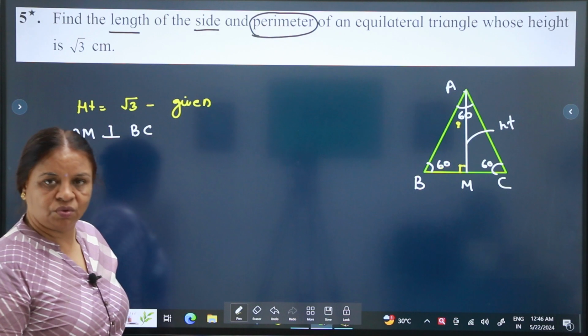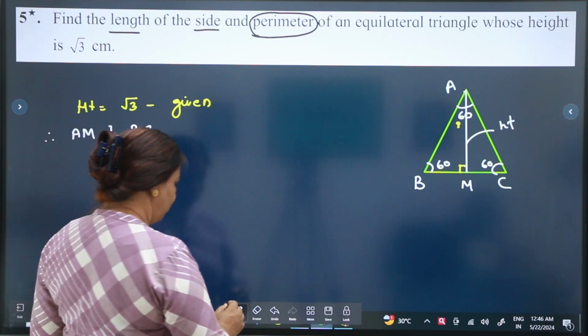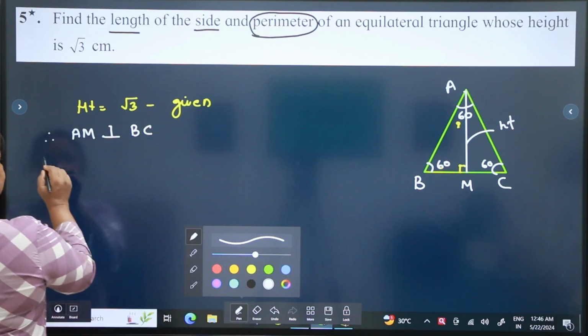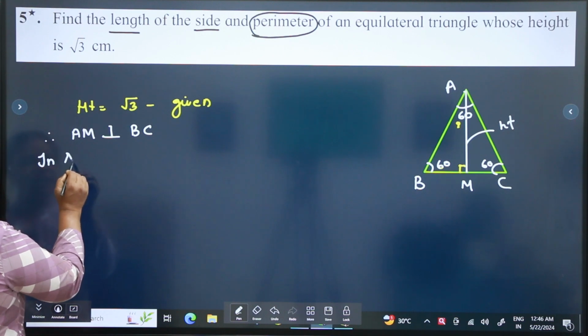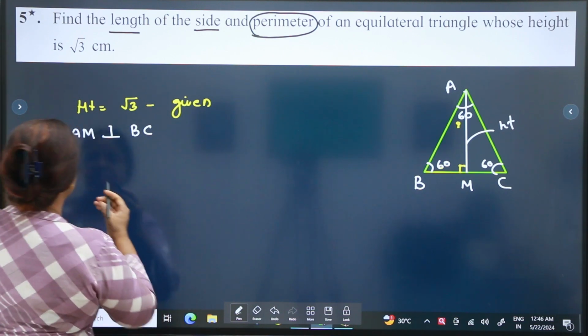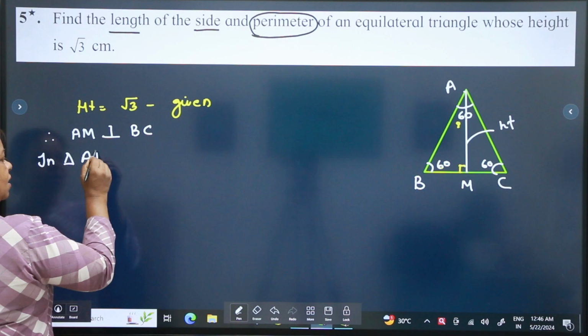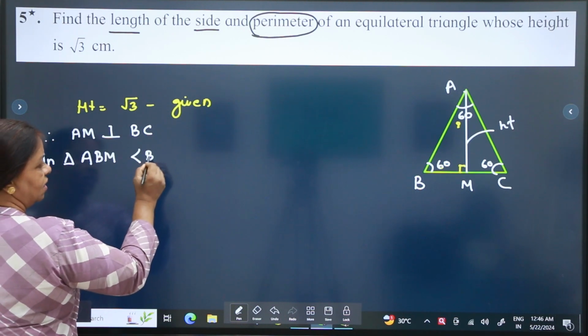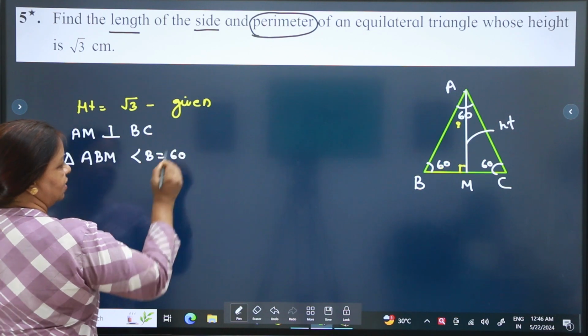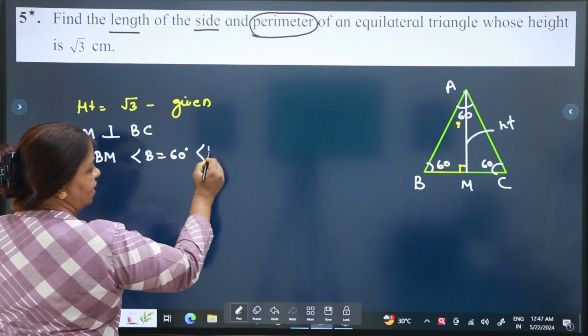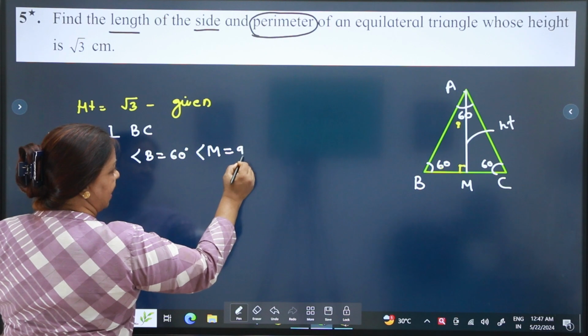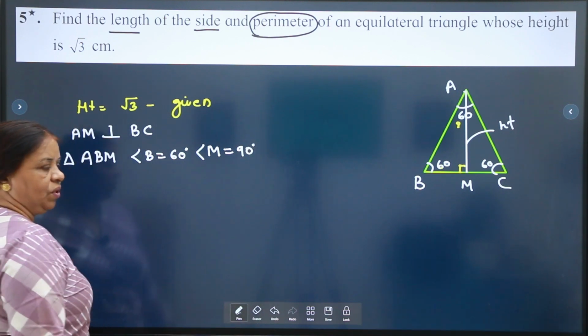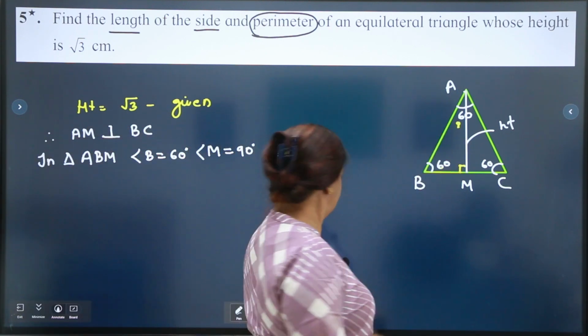We don't know, but we can find out. So in triangle ABM, angle B is equal to 60 degree, angle M is equal to 90 degree. We want to find out this angle.